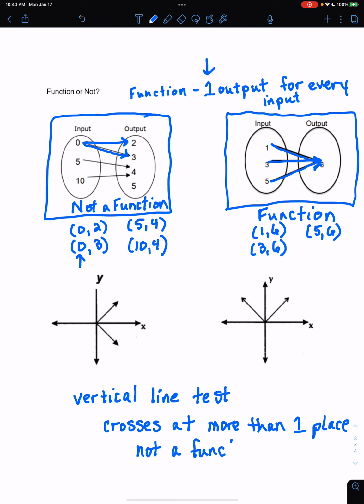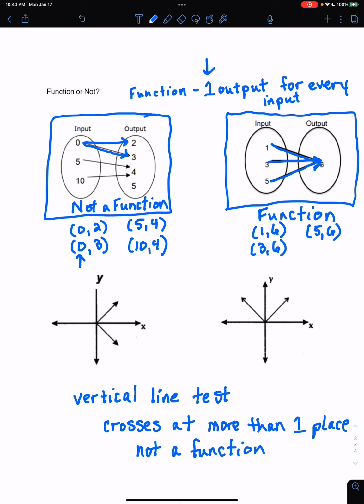The vertical line test says that in order to be a function, my vertical line can only pass through one place in the graph of what we would call a relation. So let's test these two graphs that I have. Let's look at the one on the left first.